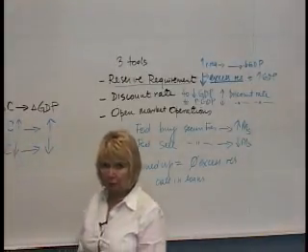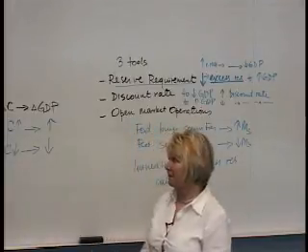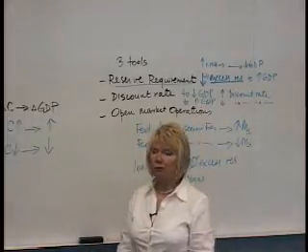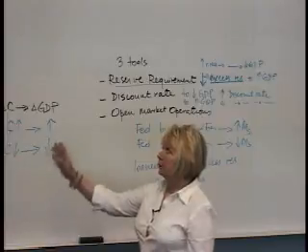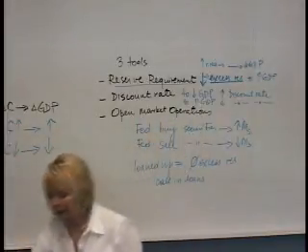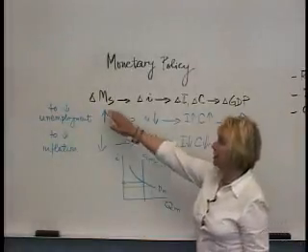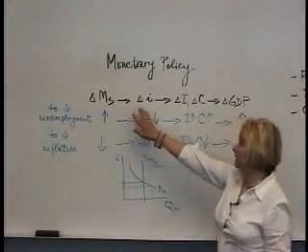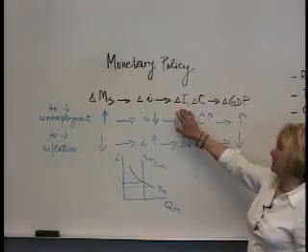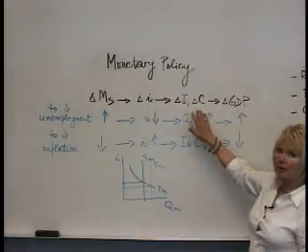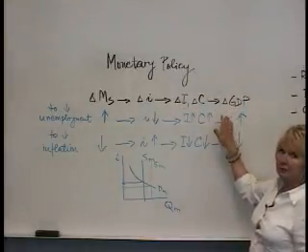So as a summary to today's very short lecture, this is what you need to be aware of. You need to know how monetary policy works, and that would be through changes in money supply that affect interest rates, that affect investments and consumption, which will therefore affect GDP.